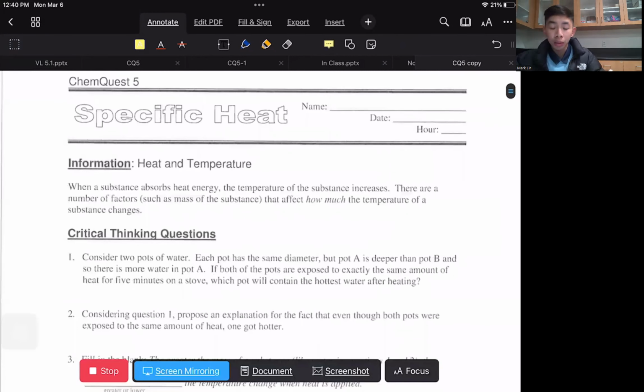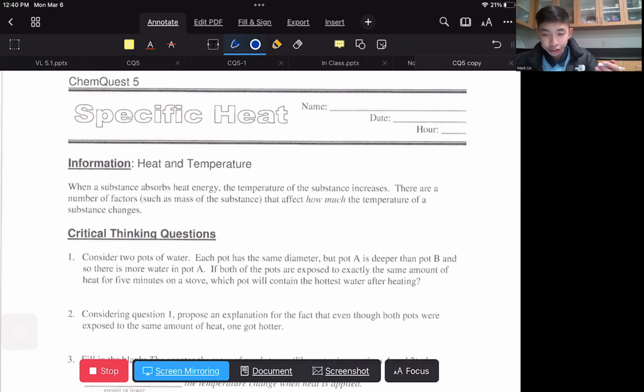The way I'd approach this problem is I would first draw it out visually. This is pot A, this is pot B. Let's say this one's a little more elevated, on a little stool right here.